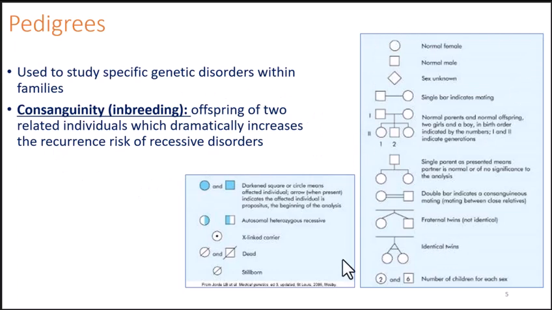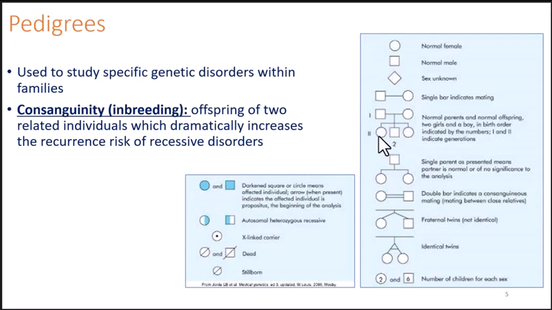So on this chart here, it outlines some of the most common symbols that are used in pedigrees. So just to show you some examples, oftentimes a circle represents a normal female, square for normal male. When you have a bar here, a single bar, it indicates that mating has occurred. So you can see that this normal male and this normal female have mated, and then this is representing their children.